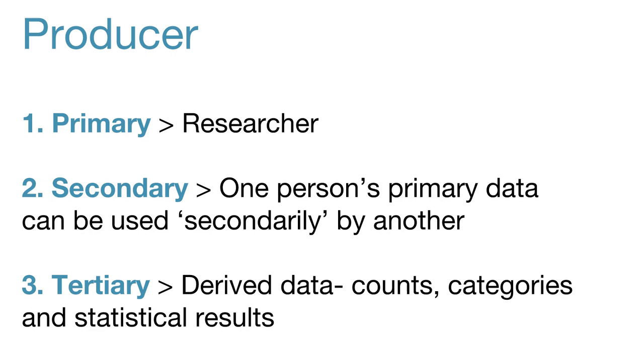We use a primary's data source, but we're not the one who originated the protocol, the methodology, or did the original data collection. We're just using the data. And tertiary is when we have derived data. Back to the highway counting analogy, we have counts, categories, or statistical results that result from a large data collection process, and that would be called tertiary data.